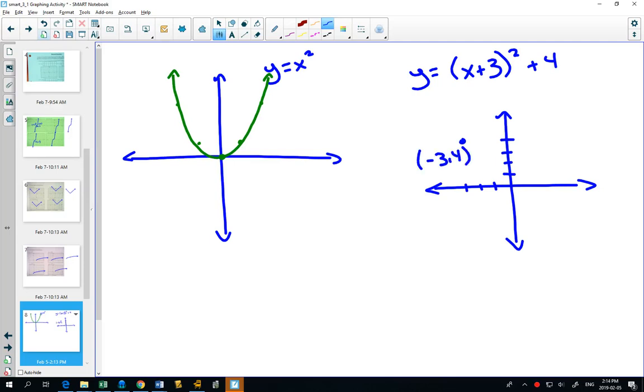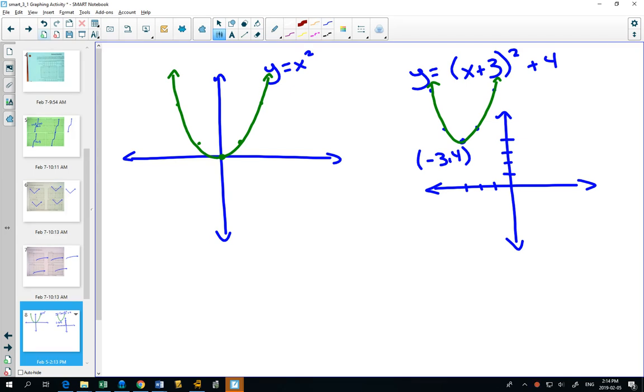And it opened up because the a value was positive, and you knew you had to go over 1, over 1, up 3. And it had the same shape as the other one because it did that over 1, over 1, up 3.